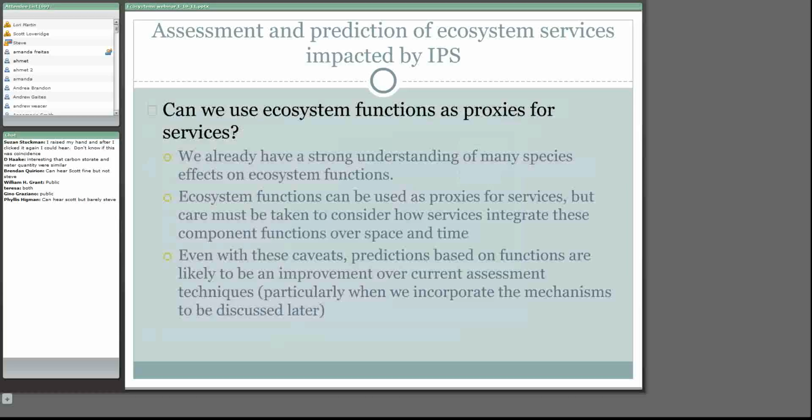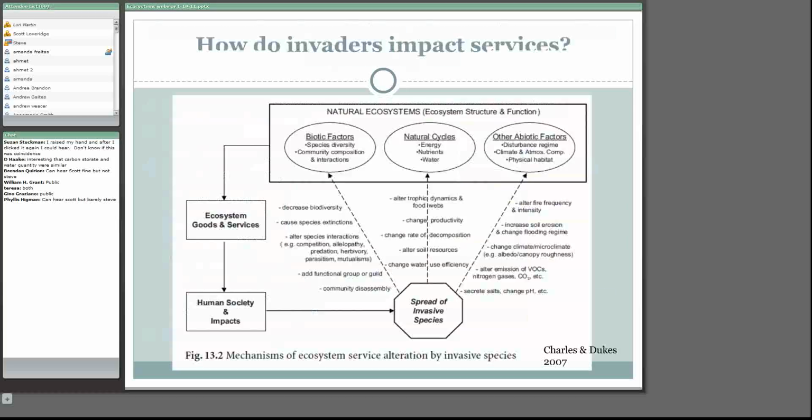So if we talk about invaders' impacts on services, this diagram shows mechanisms of ecosystem service alteration by invasive species. In this diagram, we can see that basically the spread of invasive species is in direct relationship to some of the mechanisms involved, as you can see on the arrows going up.